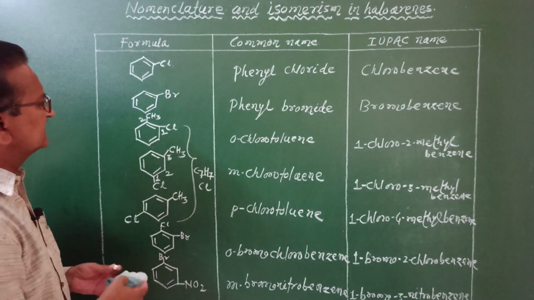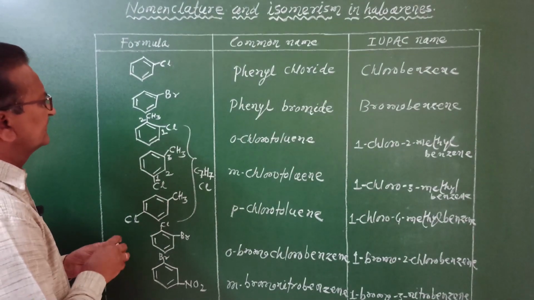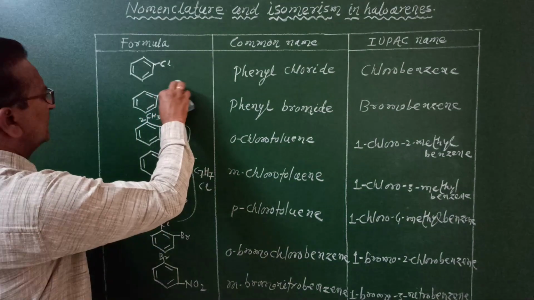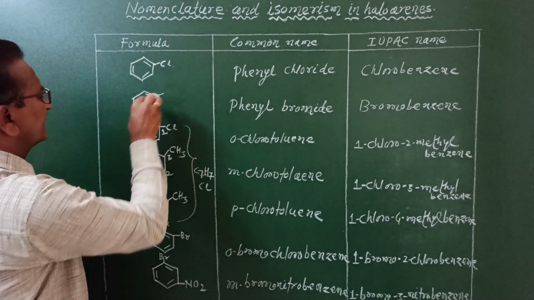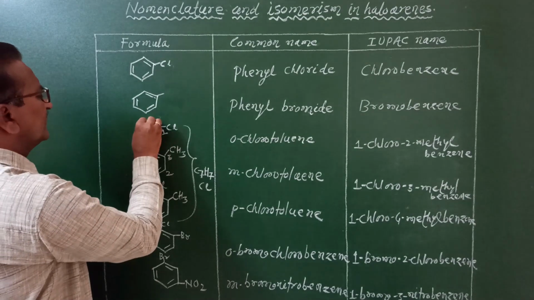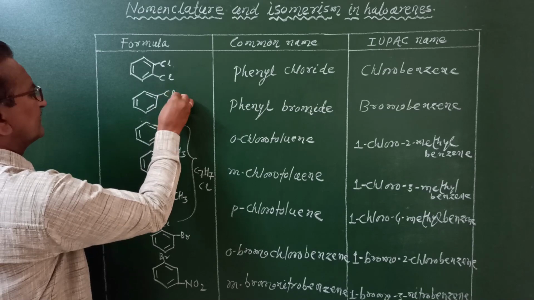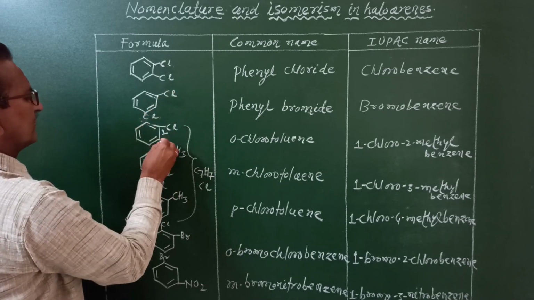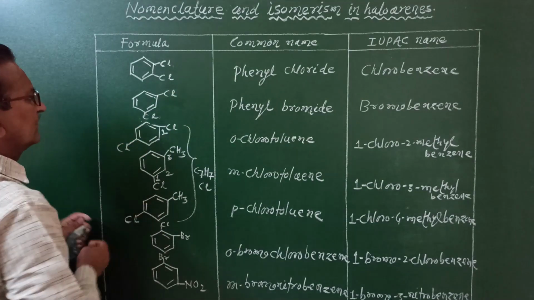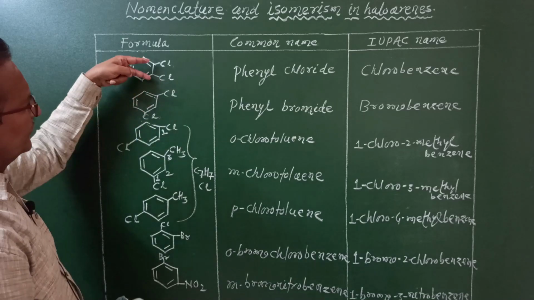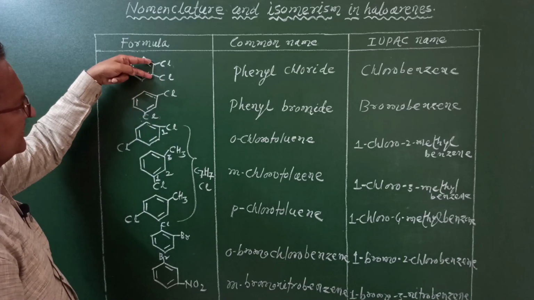I will write examples of dihaloarenes. We will attach chlorine atoms. What about the positions of the chlorine atoms in this first structure?